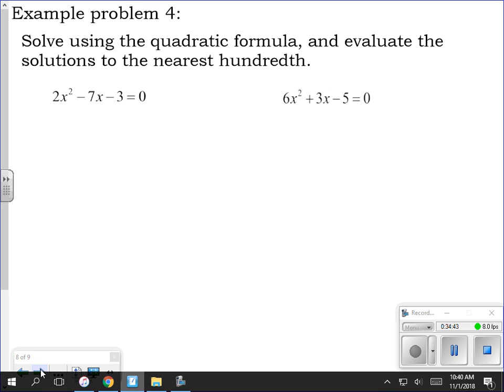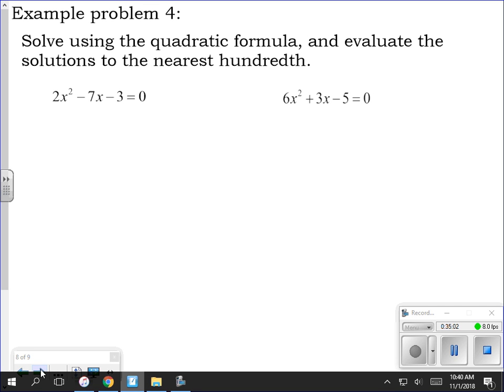Okay. So this one is using the quadratic formula and solve the solutions to the nearest hundredths. How many decimal places is the hundredth? 2 decimal places.